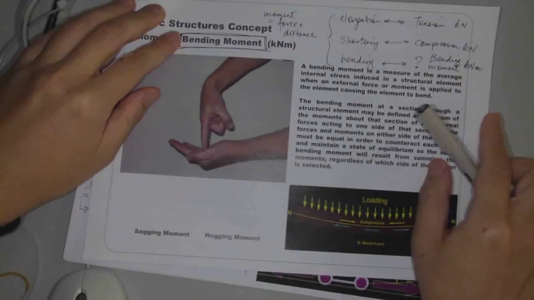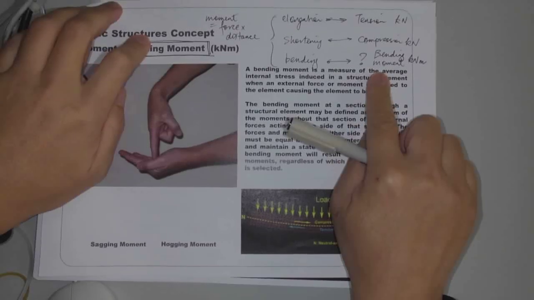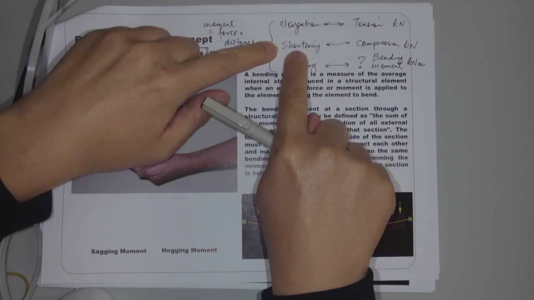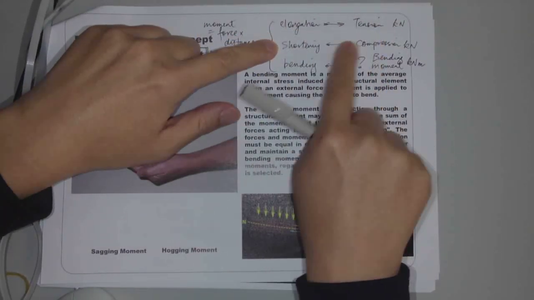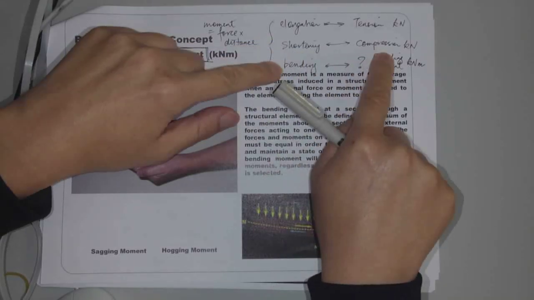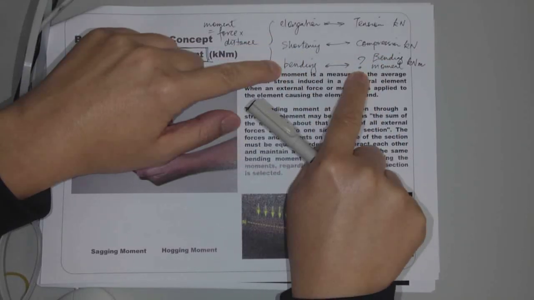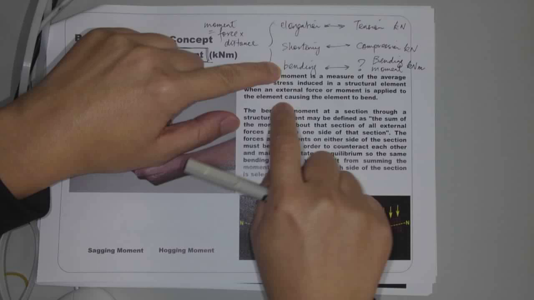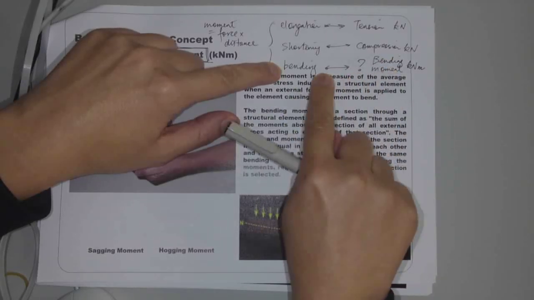Elongation is due to tension, shortening is due to compression. Bending is due to bending moment, or you can say bending moment causes bending.